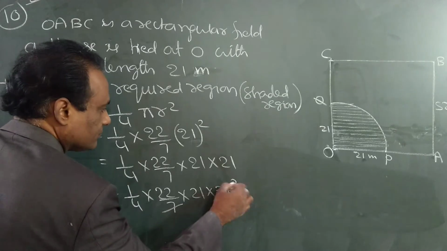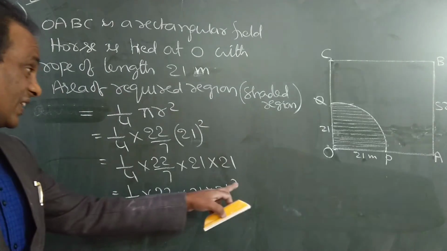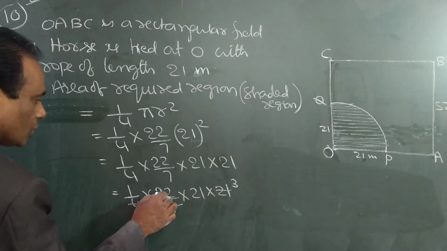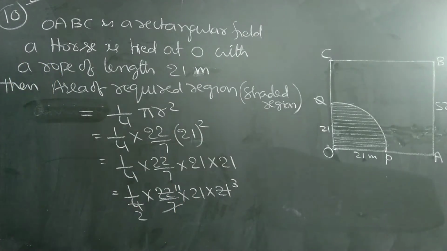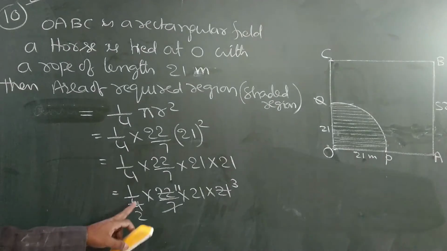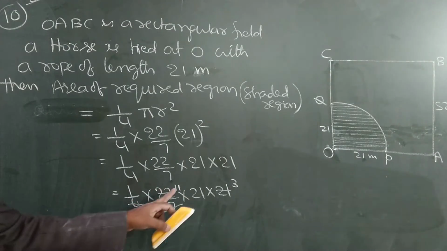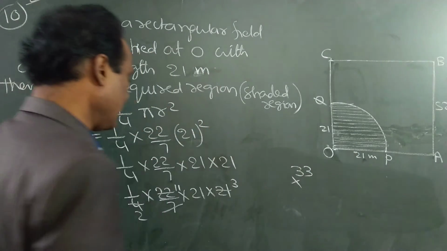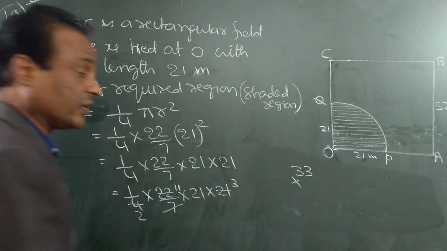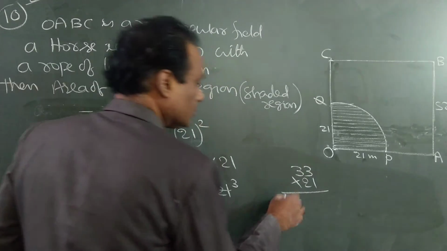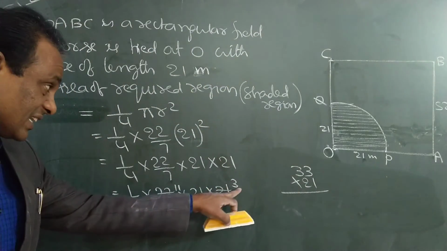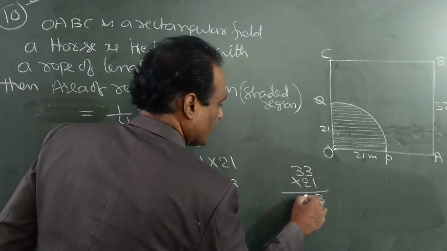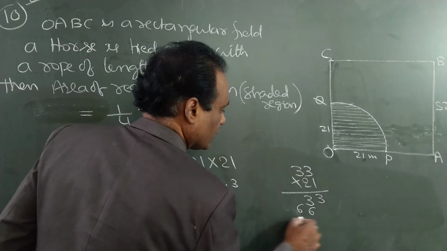Seven threes are 21. Two 2s are 2, two 11s are 11. 11 threes are 33, 33 into 21. 1 3 is a 3, 2 3 is a 6.